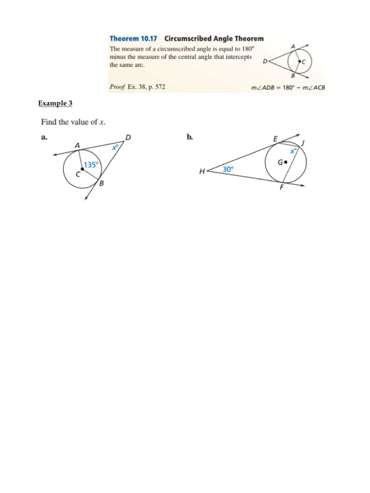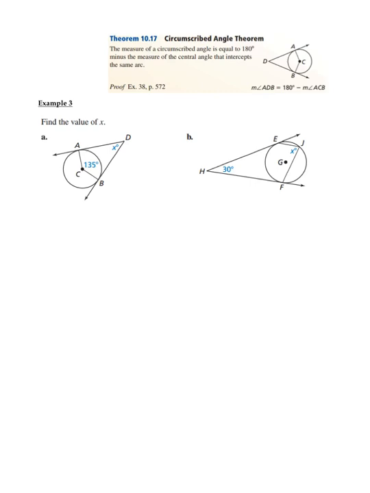Okay, so for this next theorem, we're going to talk about the circumscribed angle theorem. This theorem states that the measure of a circumscribed angle is equal to 180 minus the measure of the central angle that intercepts the same arc. Okay, so if I look at this example, my angle ADB circumscribes the arc AB, okay?